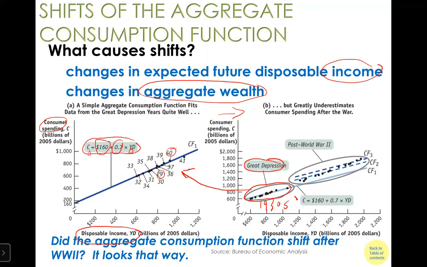Now, if we look at post-World War II, pretty much after 1945 till maybe 2000, what do we see? There are two notable differences. Number one, during the post-World War II period, the entire line shifts up. The way we see that is, this is the line, this one.